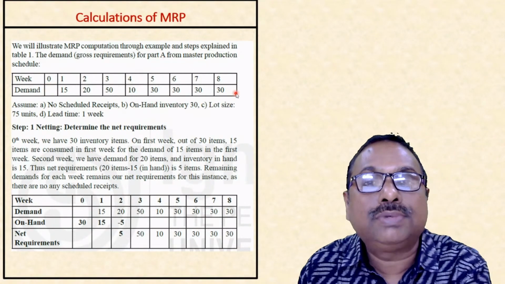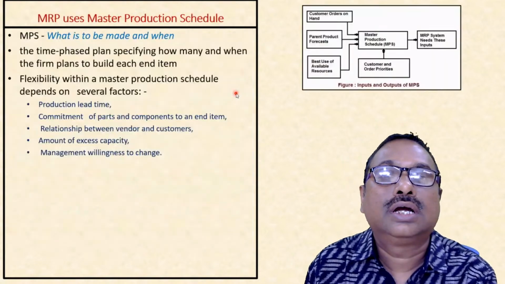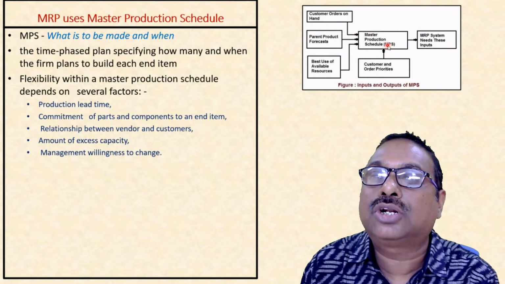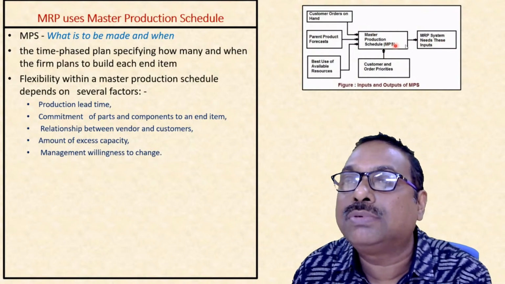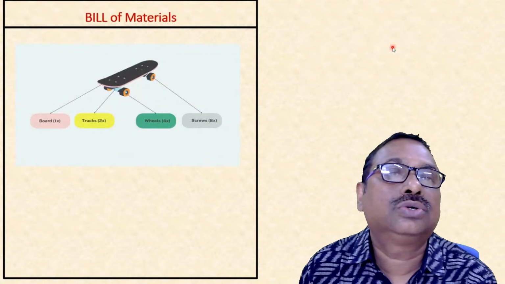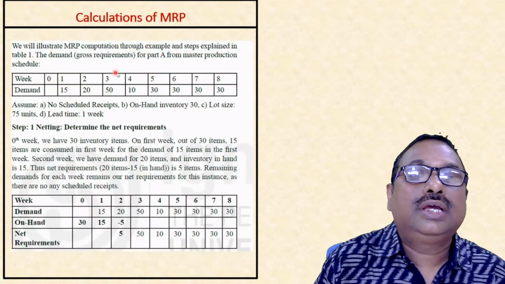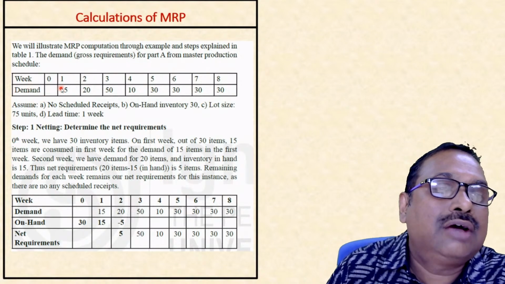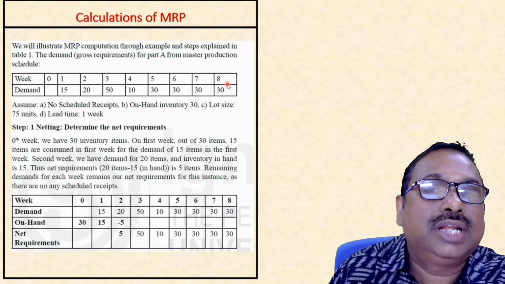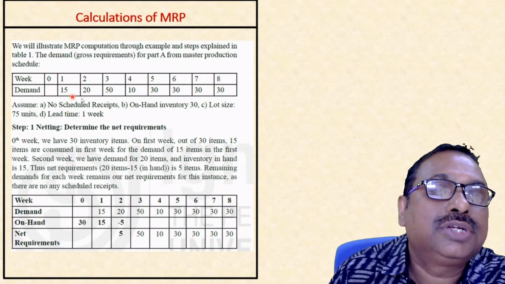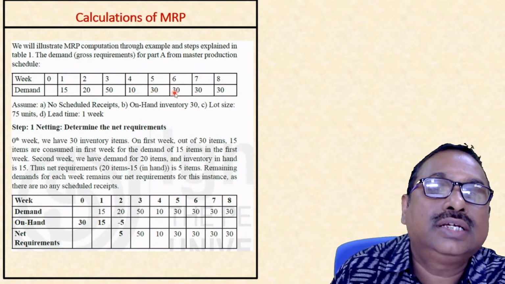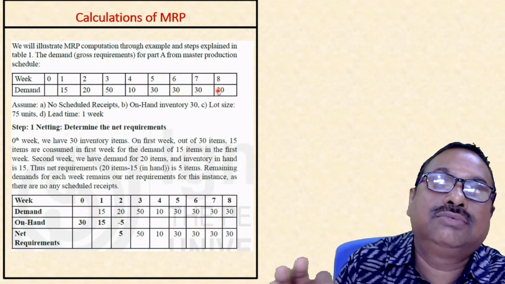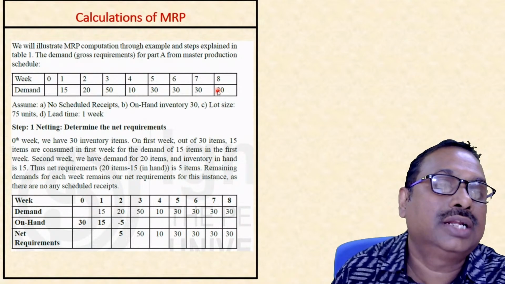As we have seen in the previous slide, the output of master production schedule is the input of MRP. So the output from master production schedule is weeks 1, 2, 3, 4, 5, 6, 7, 8, and demand is 15, 20, 50, 10, 30, 30, 30, 30. So master production schedule has given this to the material requirement plan.